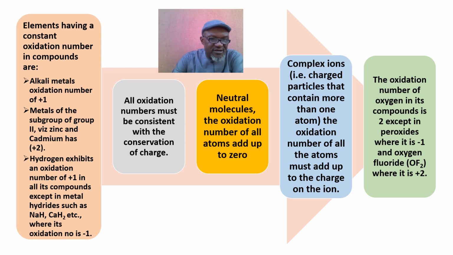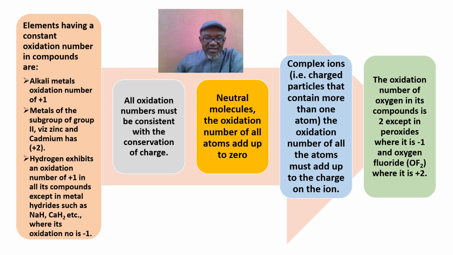So in sodium hydride, sodium will force hydrogen to have an oxidation number of -1, while sodium will have an oxidation number of +1. The same thing happens with calcium hydride, we say metal hydride. So in any metal hydride, the oxidation number of hydrogen will change from +1 to -1.